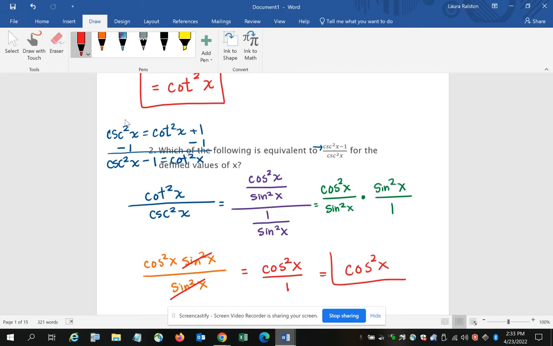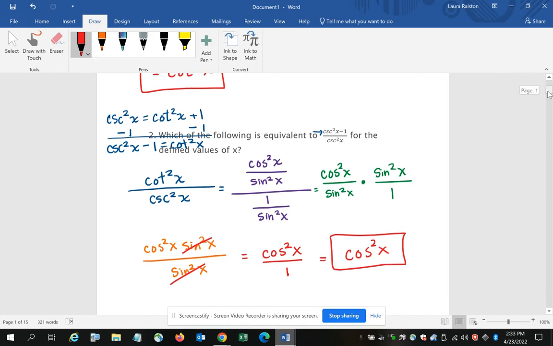That is a whole lot easier to deal with than cosecant squared x minus 1 all divided by cosecant squared x. Again, we've eliminated the fraction and we have a single trigonometric relationship.